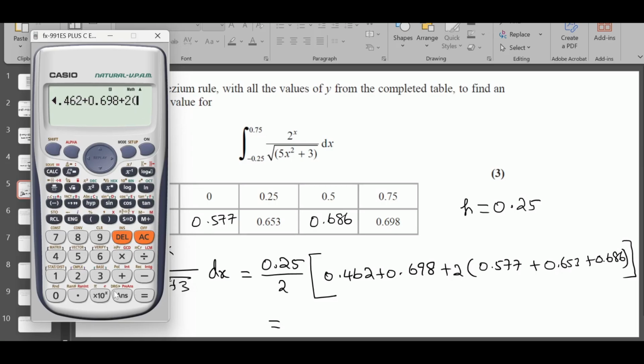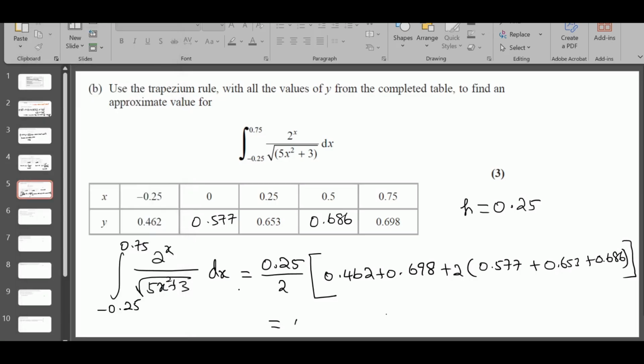The sum of the rest of the y values: 0.577 plus 0.653 plus 0.686, close the bracket again. 78 over 125, or 0.624, is the answer.